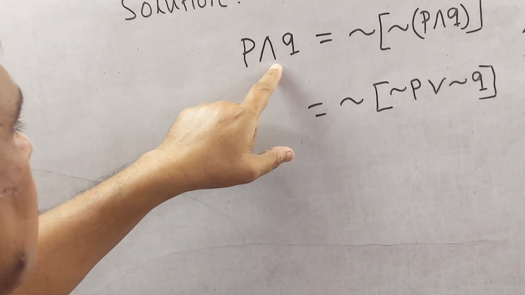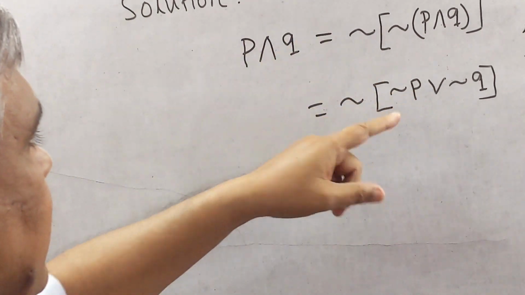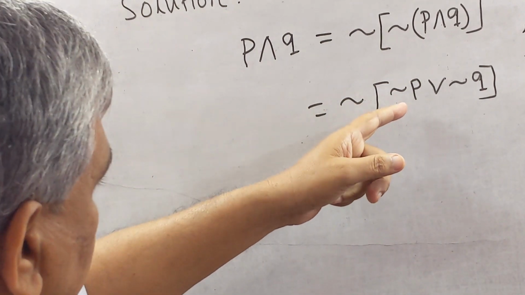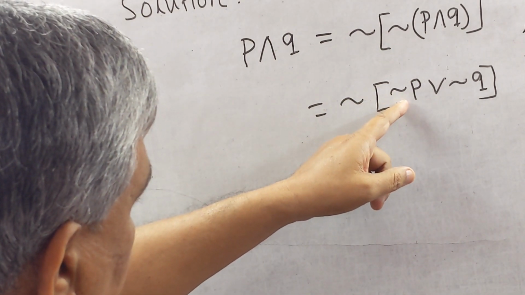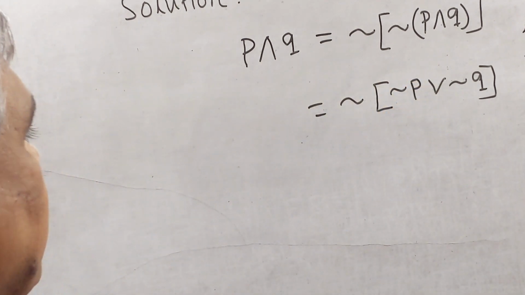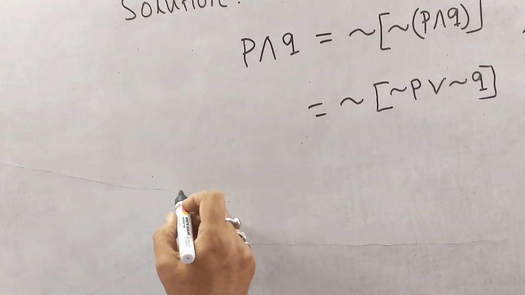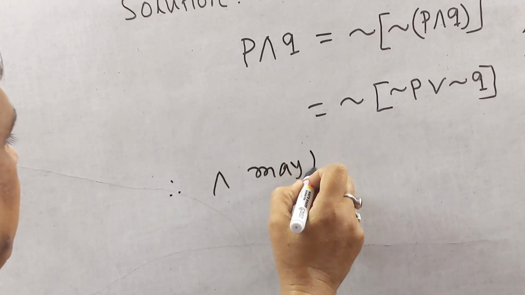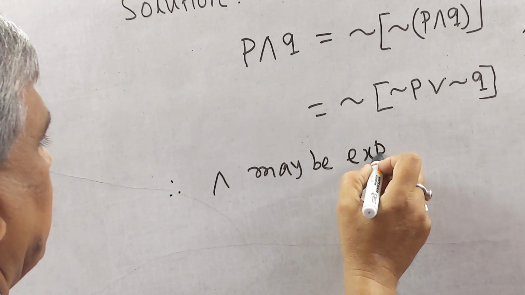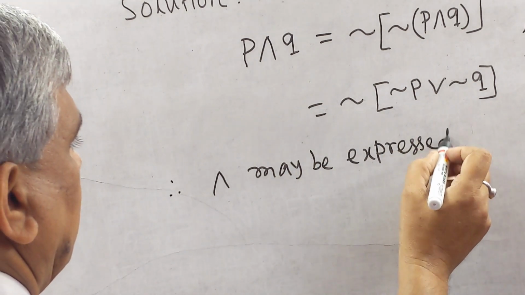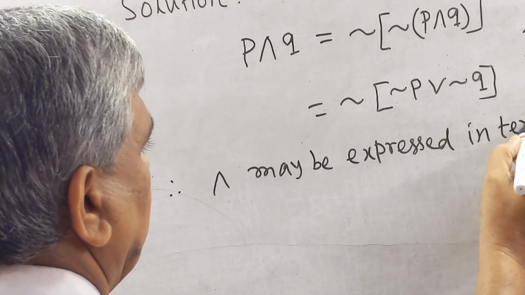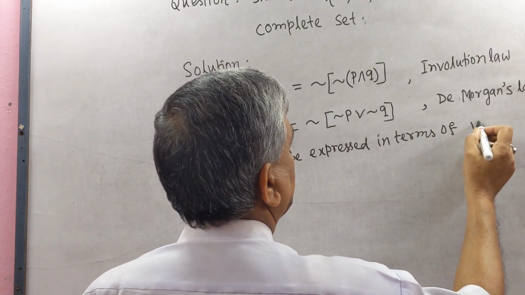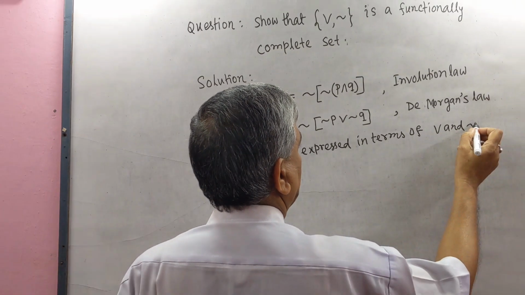So conjunction may be expressed in terms of negation and disjunction. Therefore, conjunction may be expressed in terms of disjunction and negation.